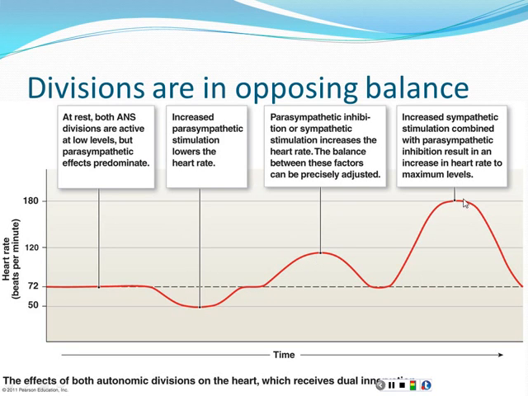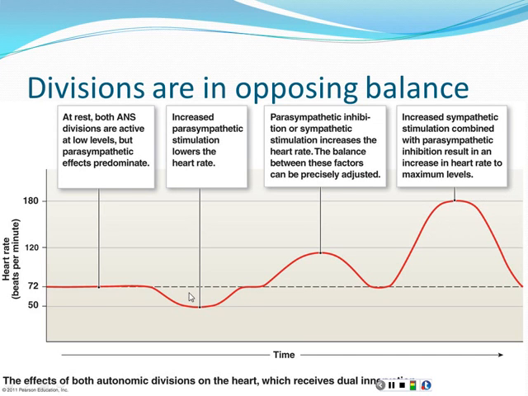So then what about this big peak here? This is kind of a maximal heart rate. You might encounter this with maximal exercise. So we get this when we have both things. So we have sympathetic stimulation increased, parasympathetic stimulation decreased. So we get the heart at maximum rate.